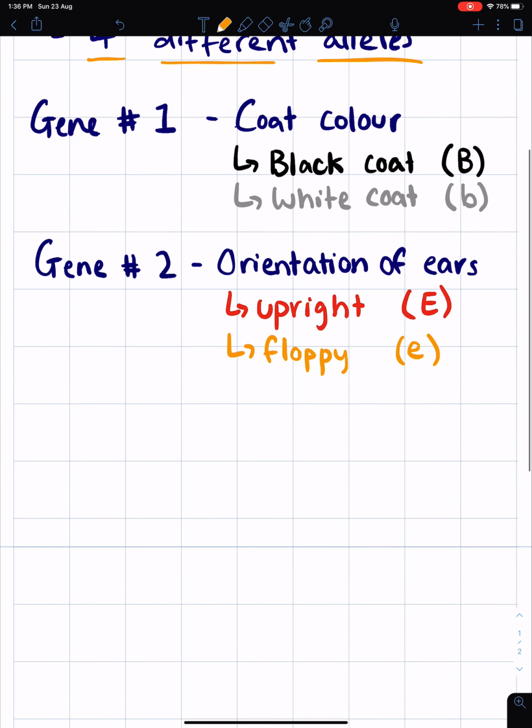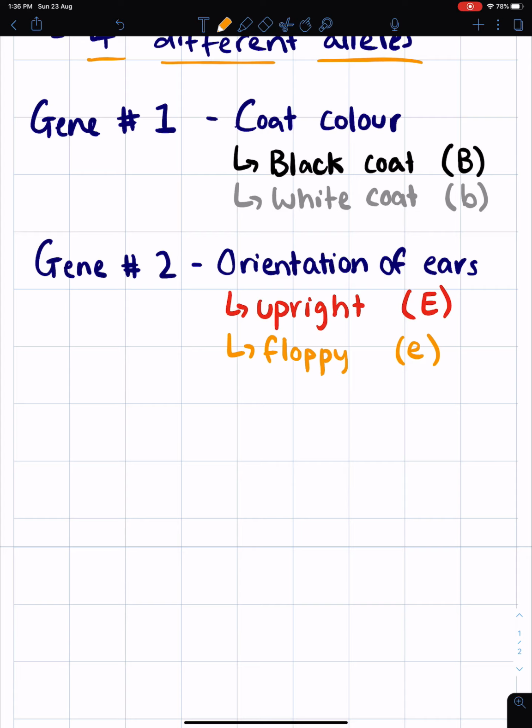Alrighty-o. So the question is, a rabbit breeder crossed a heterozygous black, upright-eared buck, male, with a pure breeding white, floppy-eared doe. Complete a Punnett square to show the expected genotypes of the offspring.